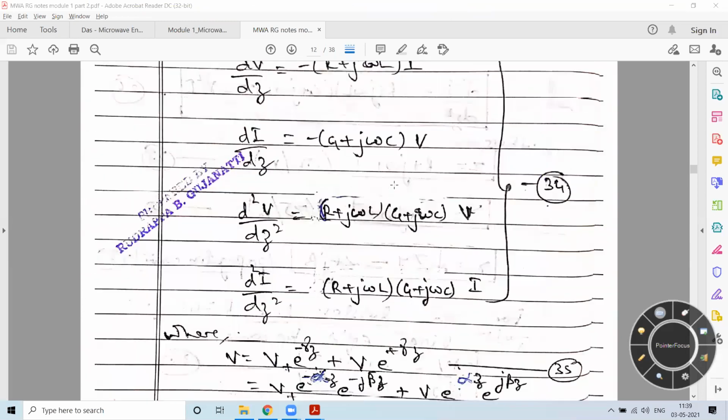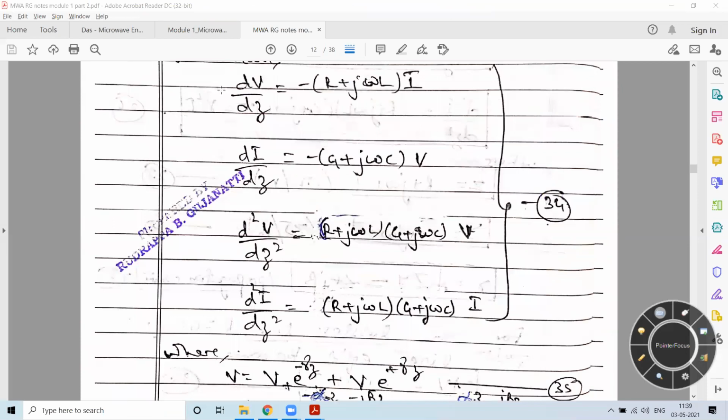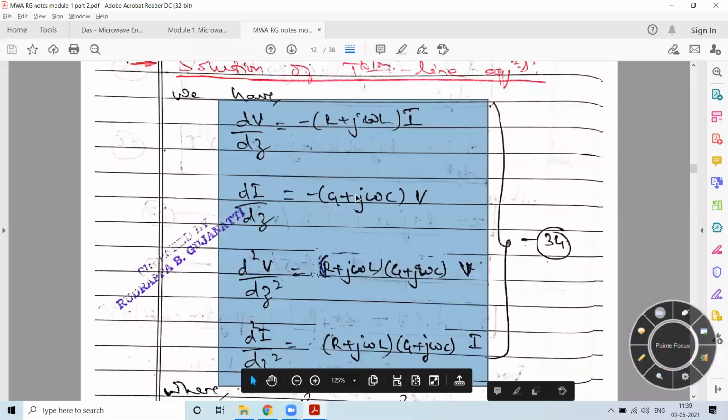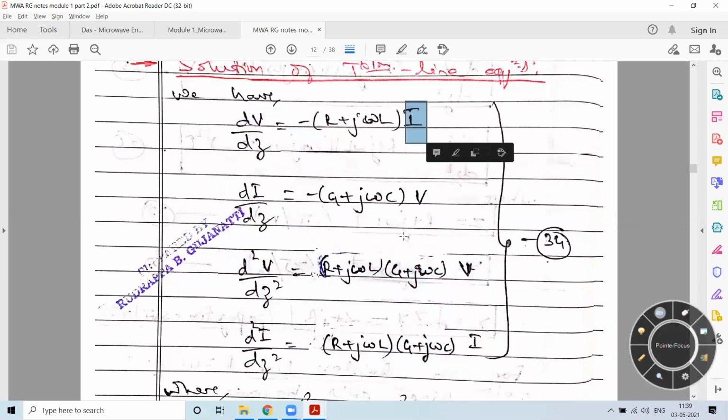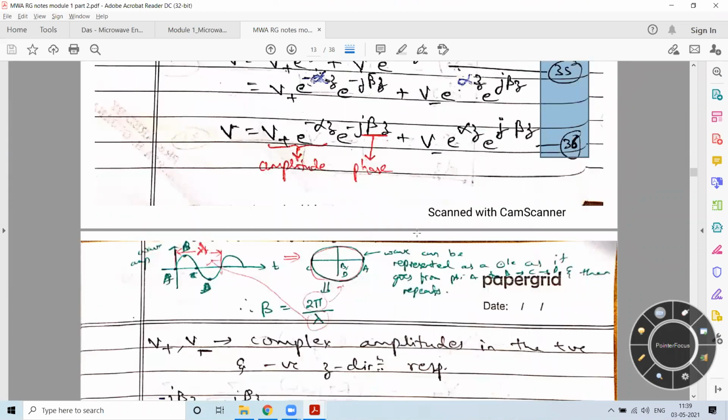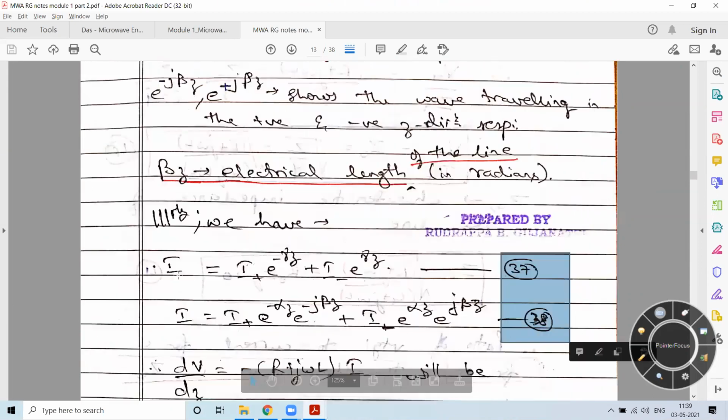Now, using those equations, we have to substitute them in equation 34 and try to obtain the solution in terms of R, L, G and C parameters. I know what V is and what I is, from the equations we have discussed, that is equations 35, 36, 37 and 38.